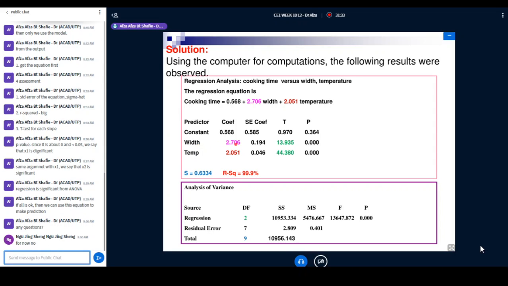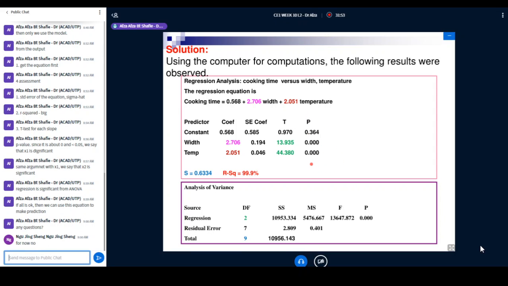The width coefficient is 2.706, multiplied by the width, and the temperature coefficient is 2.051. This is calculated for me, and also this is calculated for me. And this is the p-value.